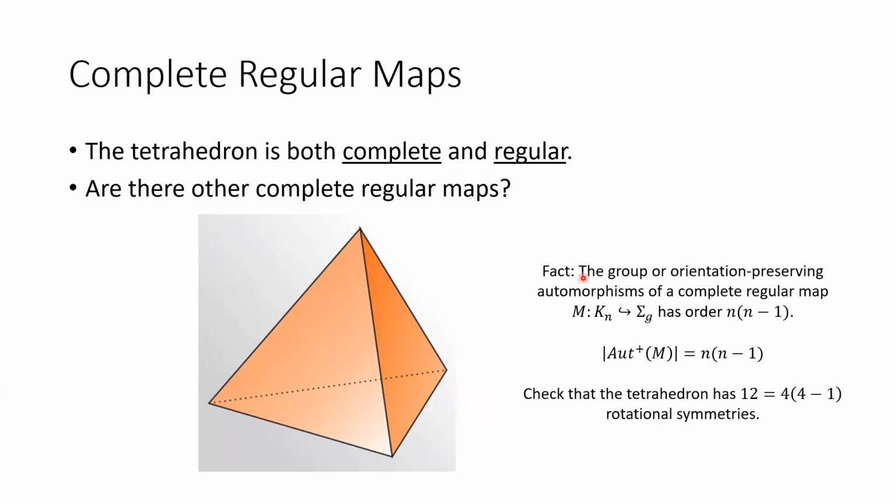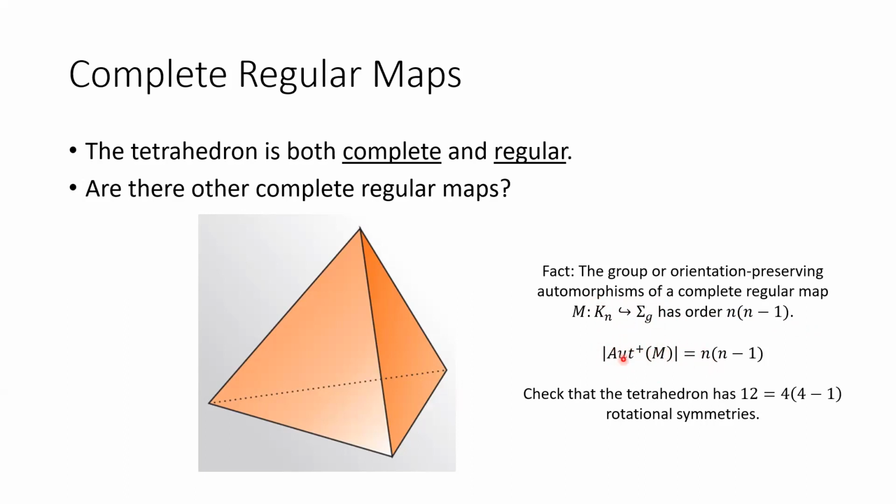One fact about complete regular maps is that the group of orientation preserving automorphisms of a complete regular map has order n times n minus 1, where n is the number of vertices of the underlying complete graph. In other words, we can write the orientation preserving automorphism group as Aut+(M), where M is the map.